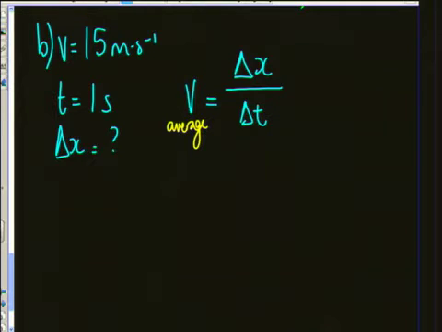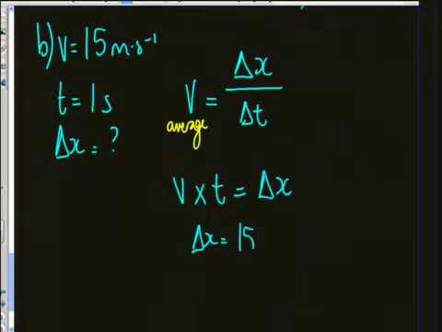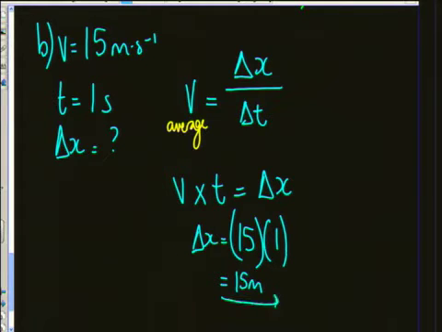So let's rearrange the equation. It's going to be V multiplied by T is going to equal delta X. It was dividing, I take it to the other side, it becomes a multiplying. So delta X is equal to 15 multiplied by 1, which we know is going to be 15 meters.